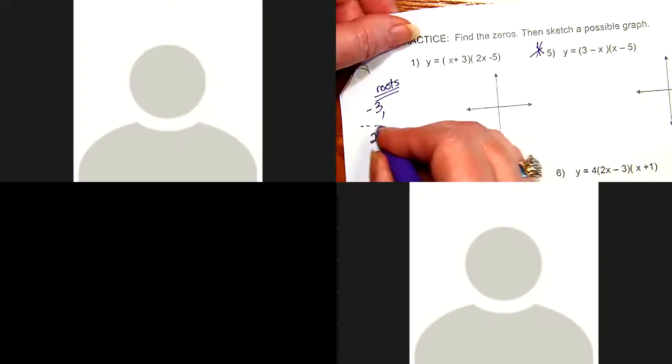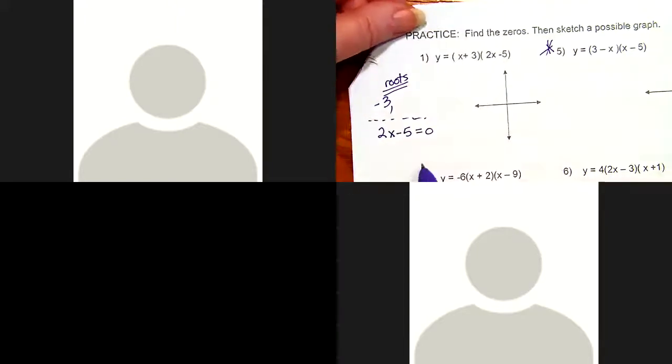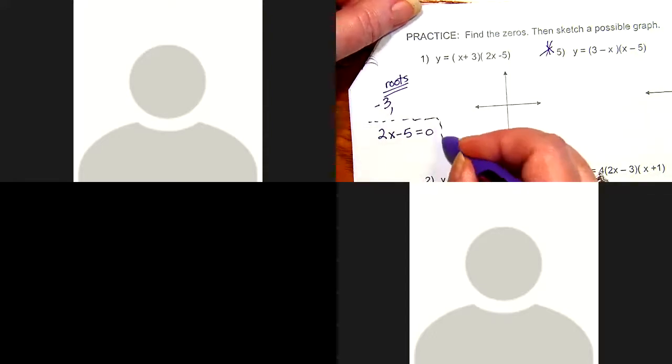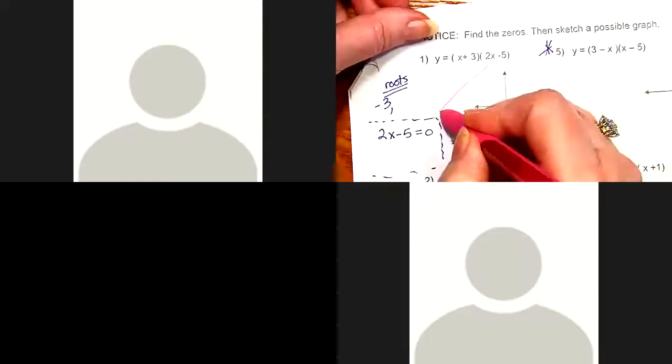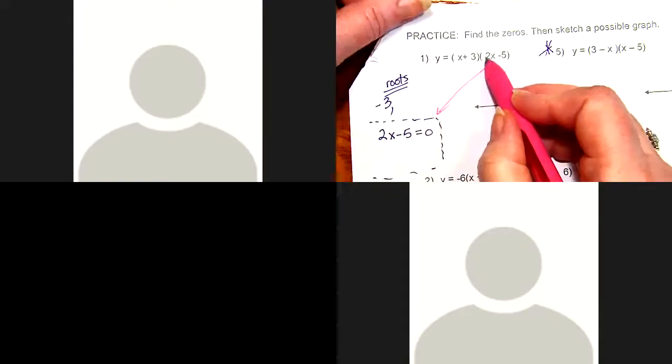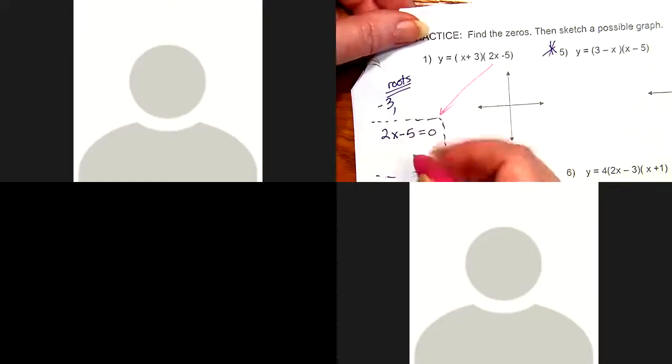So what I have to do here is make a little equation. I can't use the opposite trick because of the 2. It's blocking it. So I'm going to have to solve this one out.